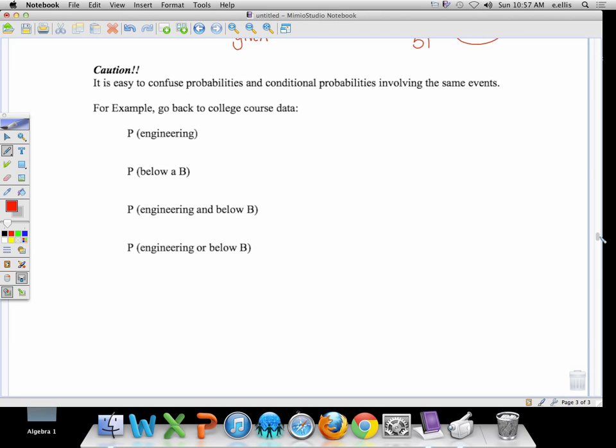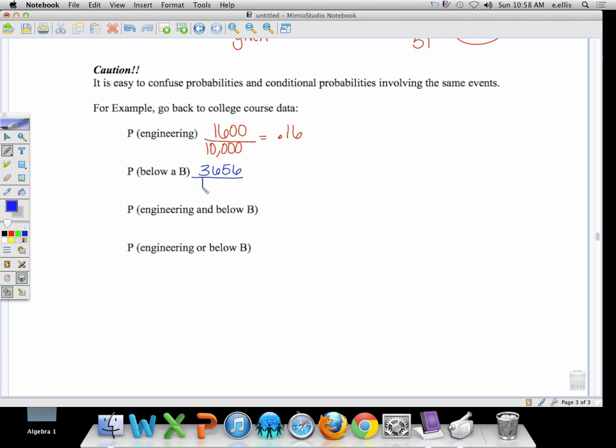For example, if you go back to your college course data, which is probably easier for you to flip and then just listen here, the probability that you go into engineering. Well, there are 1,600 people in the School of Engineering out of 10,000 overall, which is a probability of 0.16.